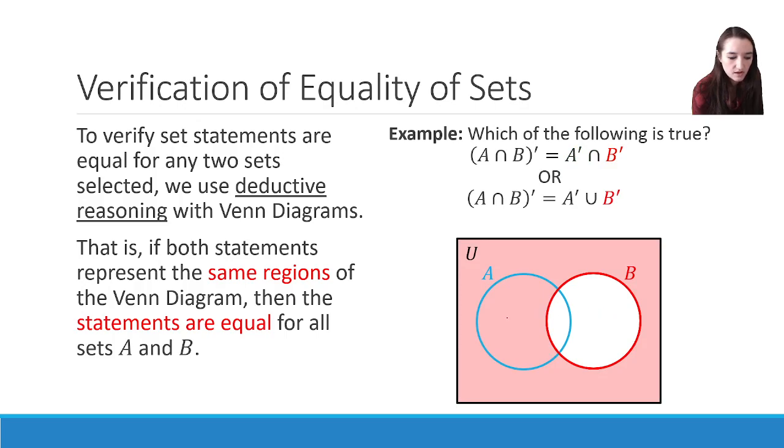So here I colored in this area, here I colored in this area, so all 3 areas should be colored in when I take their union. And thus, we have everything except the intersection, right? Which is what we were looking for. So A intersect B complement is equal to A complement union B complement.